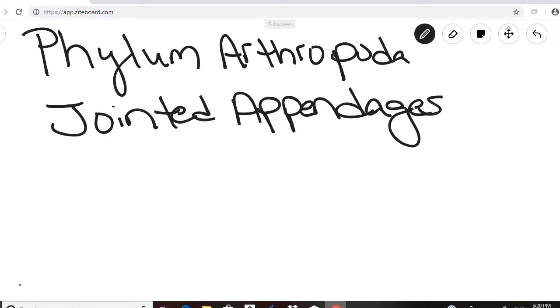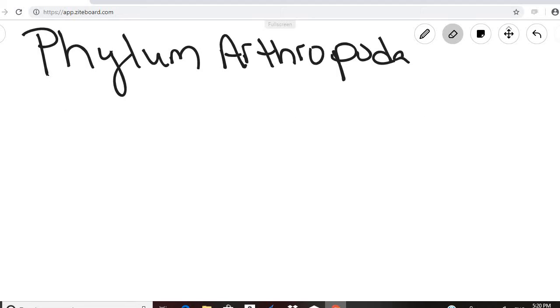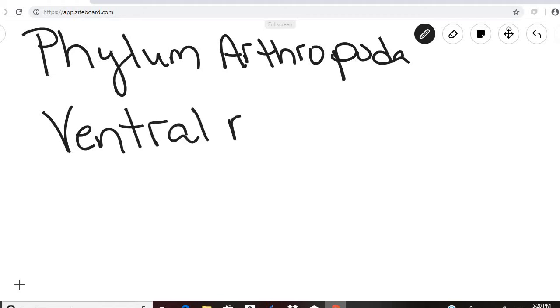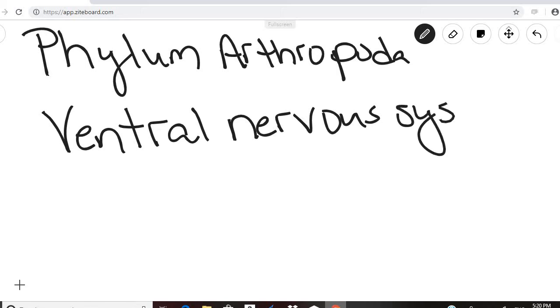And then another characteristic is that they have a ventral nervous system. Remember, the ventral nervous system is on the bottom or belly side, and that's a good place for it to be, because then you have the protection of the rest of the body, and particularly the exoskeleton on the top.